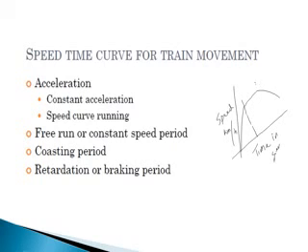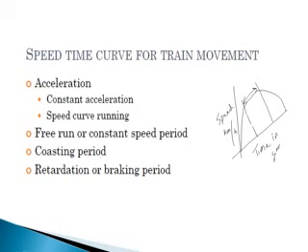This part, from this to this portion, is the free running zone, where the train is moving with a constant speed, and here this part is coasting, and after that it is braking.